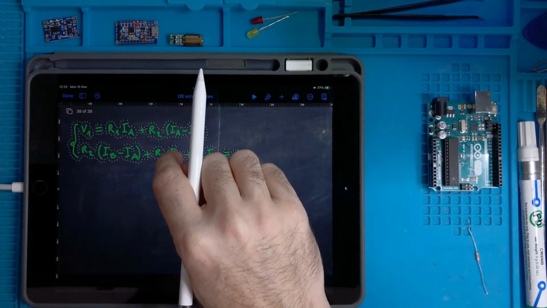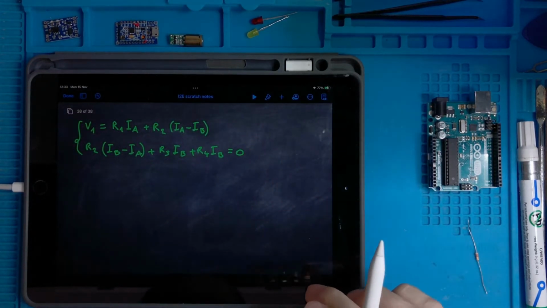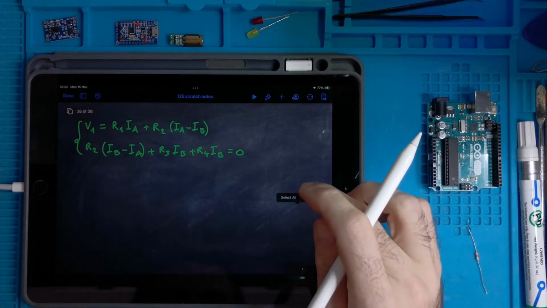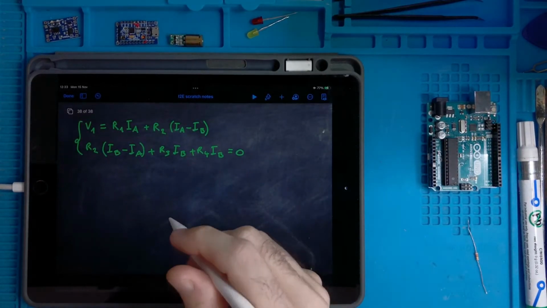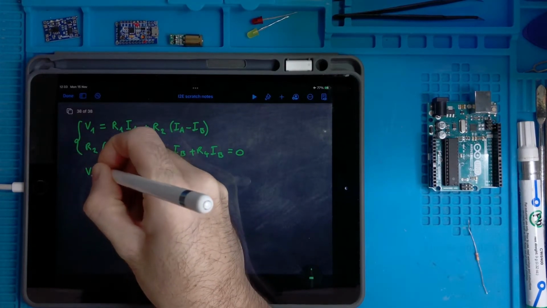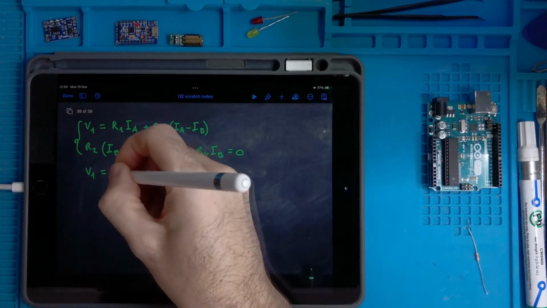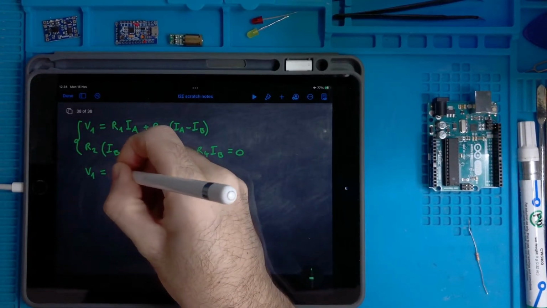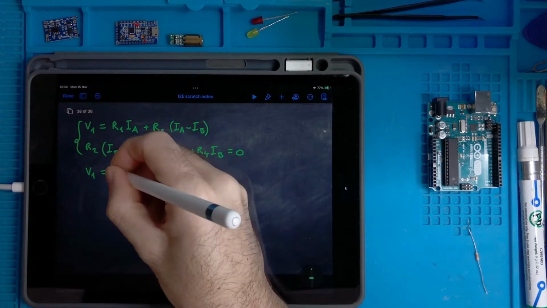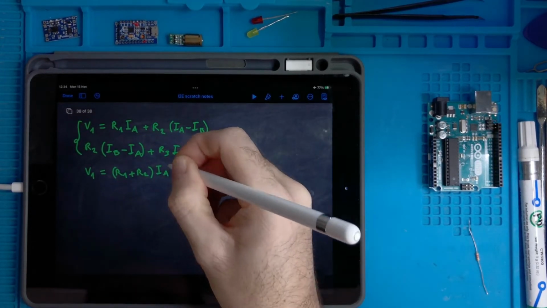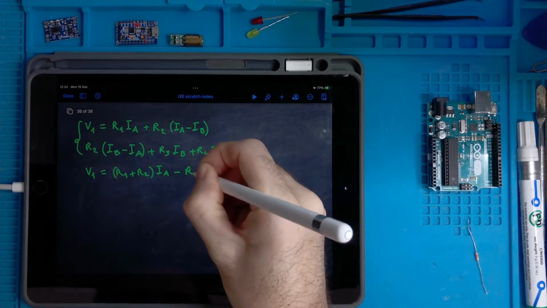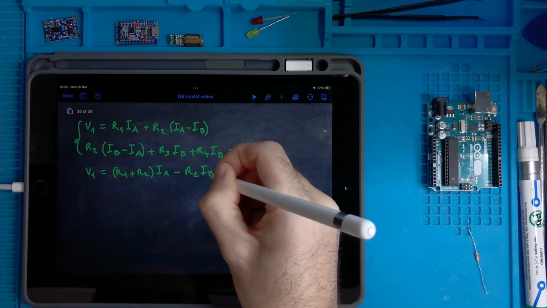I want to develop these calculations a little bit. So I write V1 equals (R1 plus R2) IA minus R2 IB.